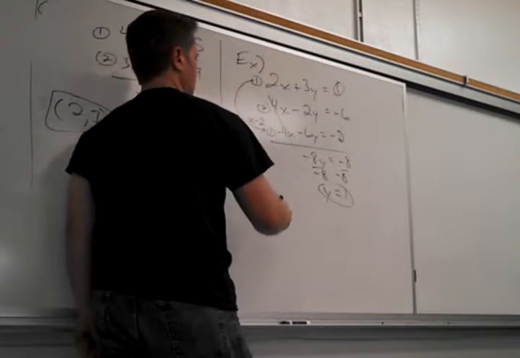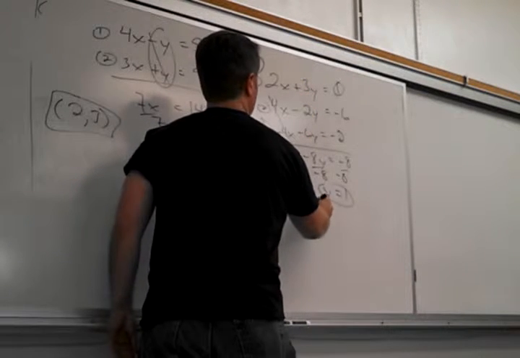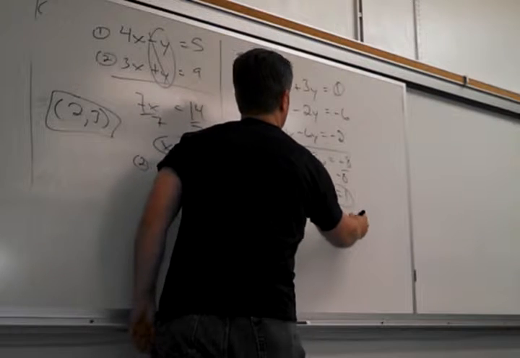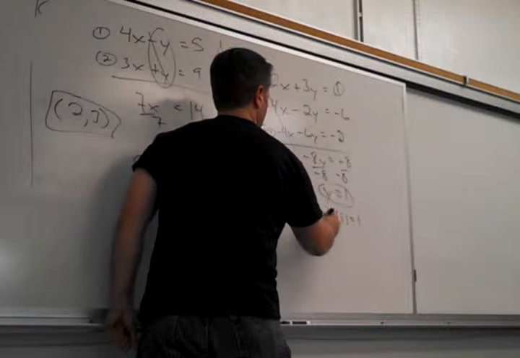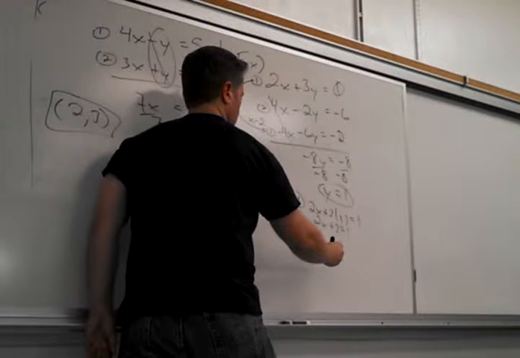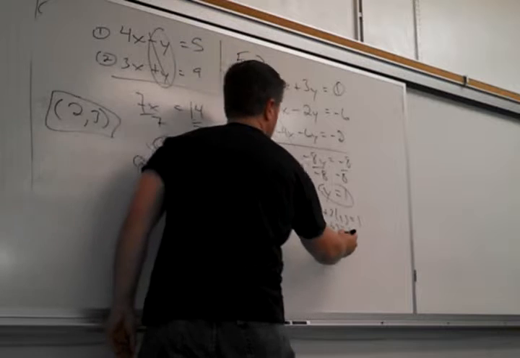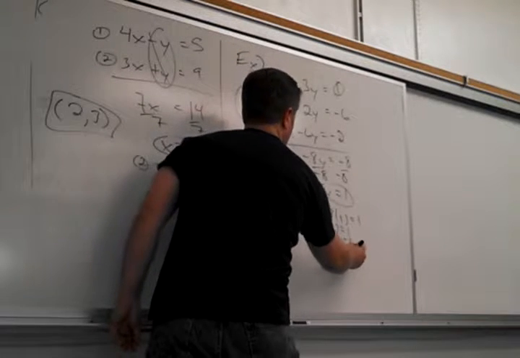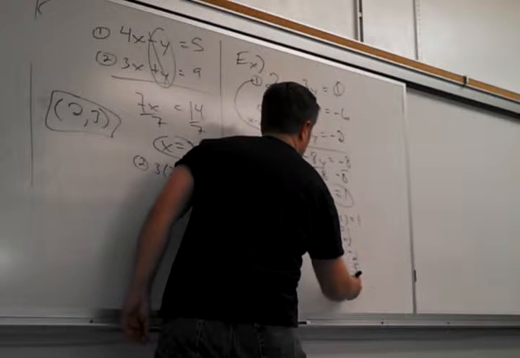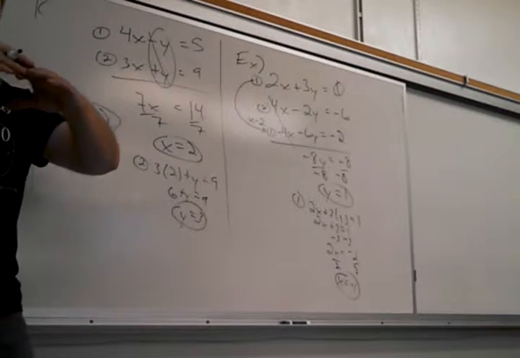I like it. So how do you get x? Plug it into 1. 2x plus 3 times 1 equals 1. Minus 3. 2x equals -2. Divided by 2, x is -1. Right, so that should be relatively easy solving those equations.